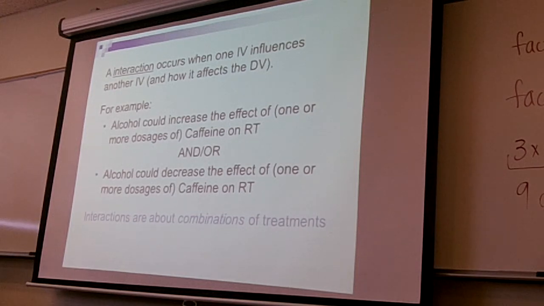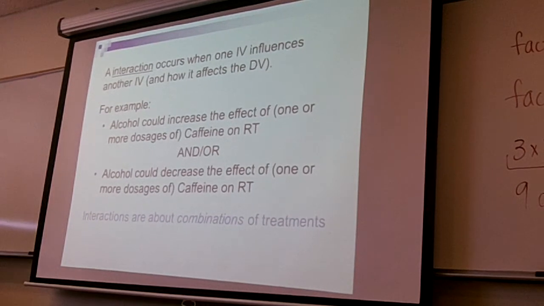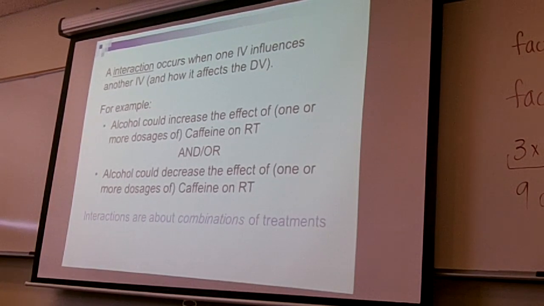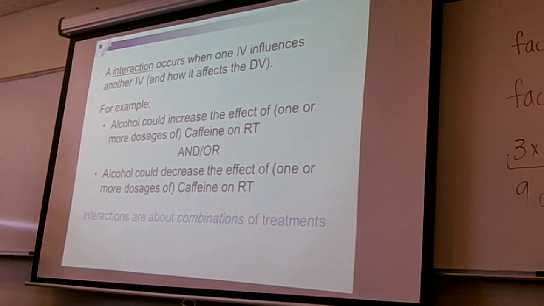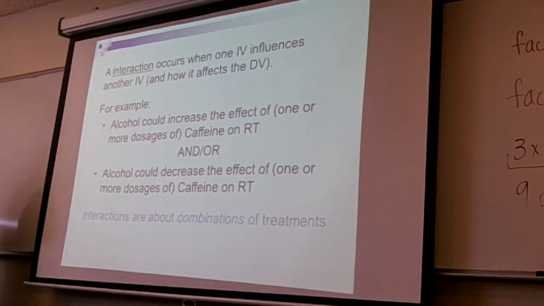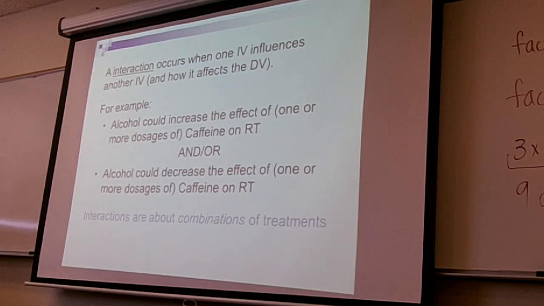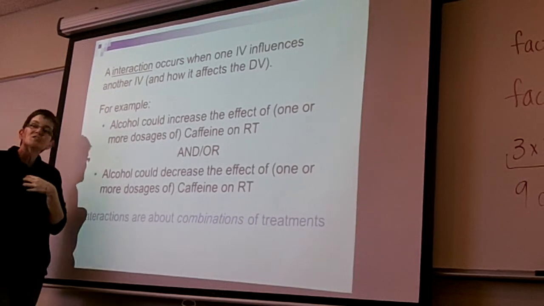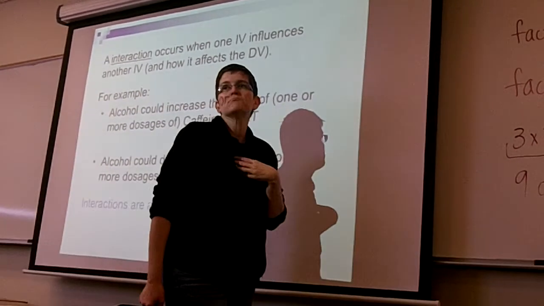So these two variables somehow combine or interact or influence each other in a way that causes a unique response in the subject. So, for example, it could be that drinking alcohol or having alcohol in your system changes how your body responds to caffeine.